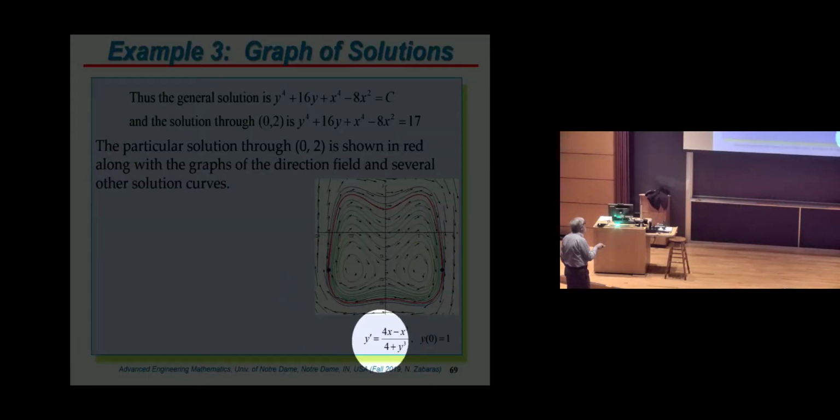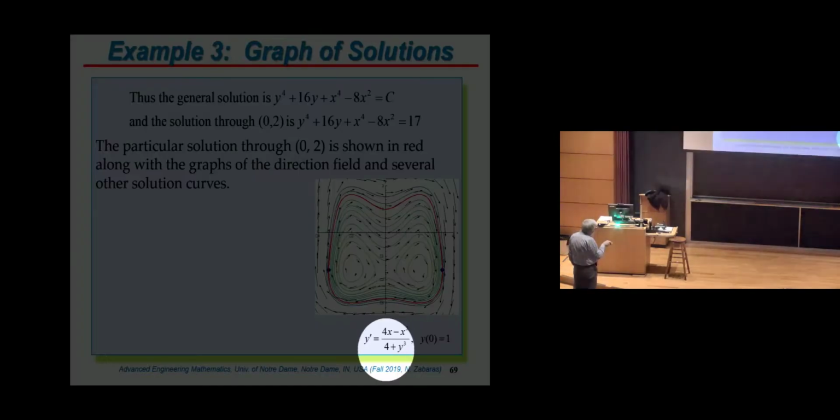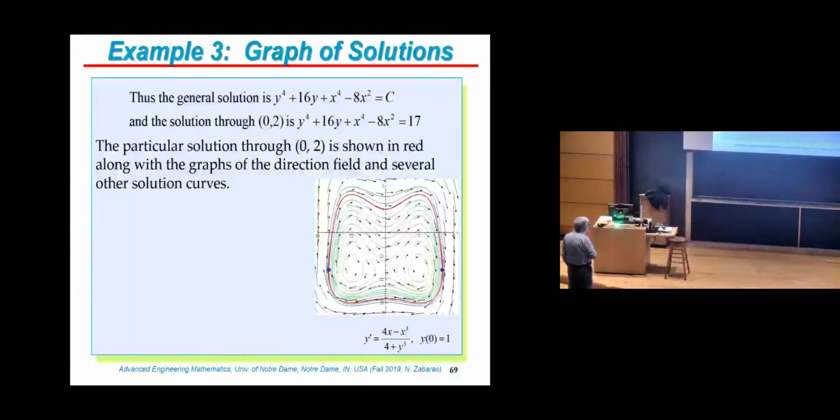Those points correspond to what values of y? When 4 plus y cubed equals 0, you can see these lines become vertical at those points. And 4 plus y cubed equal to 0 means you have to compute the cubic root of minus 4.